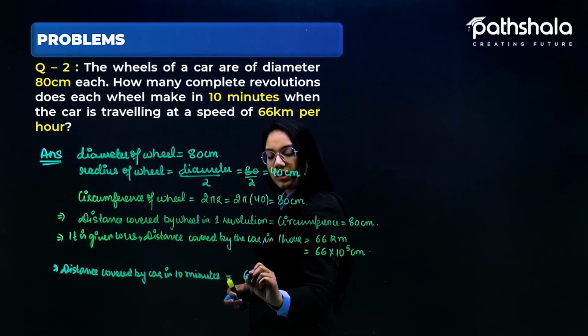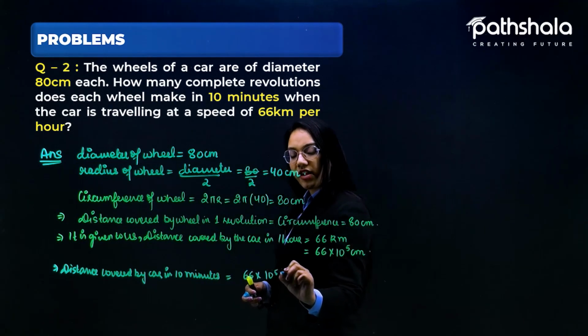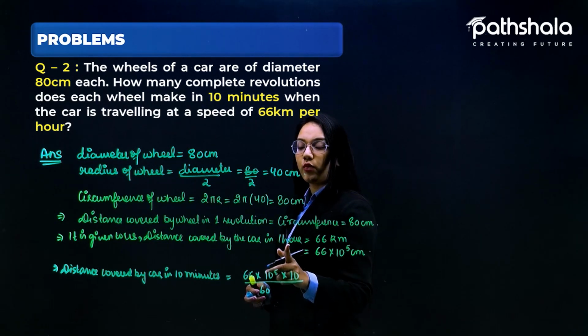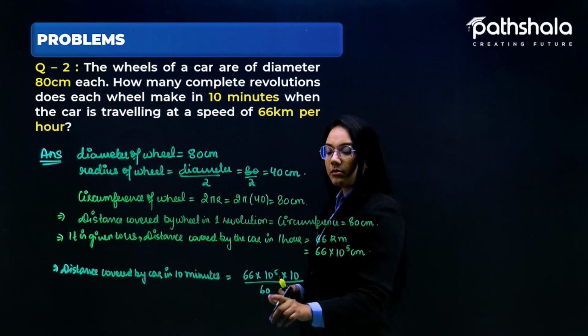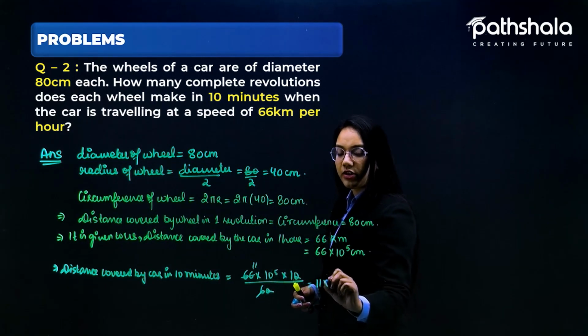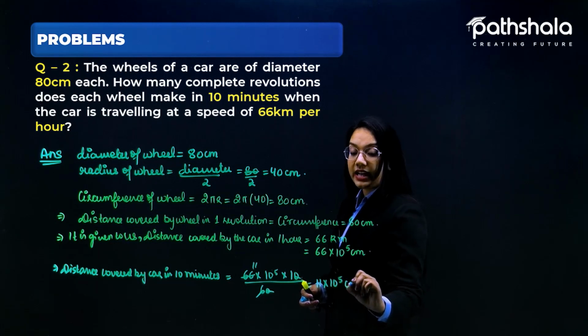It would be equal to 66 into 10 raised to the power 5 into 10 divided by 60, because we are converting 1 hour into 10 minutes as 10 by 60. Cancelling out the values, we get the answer as 11 into 10 raised to the power 5 centimeters.